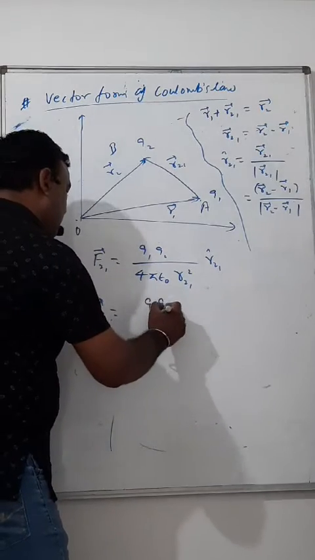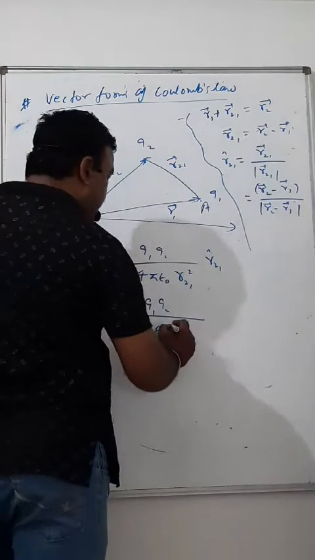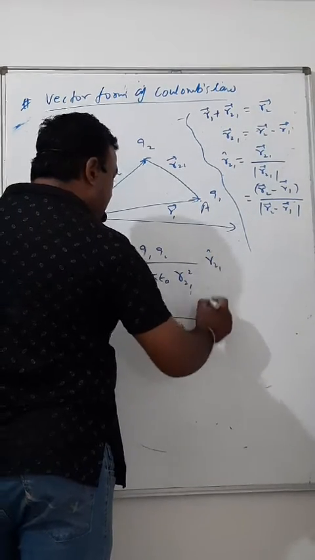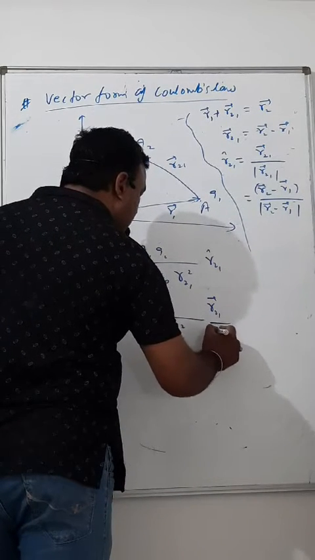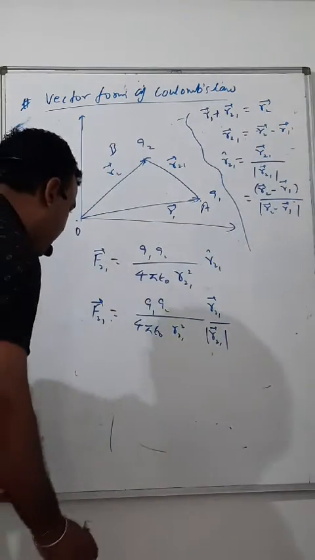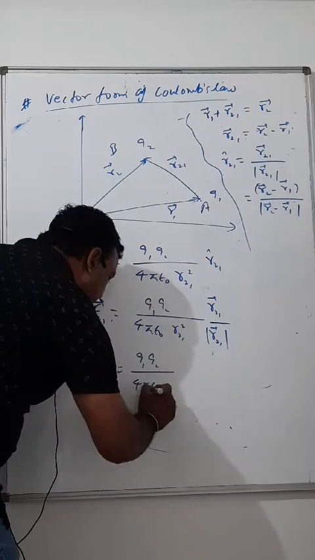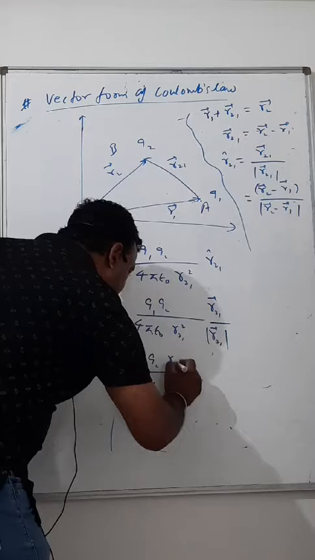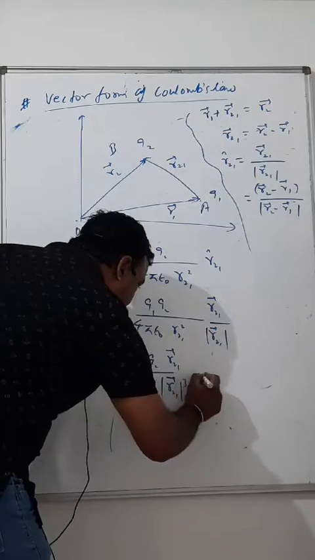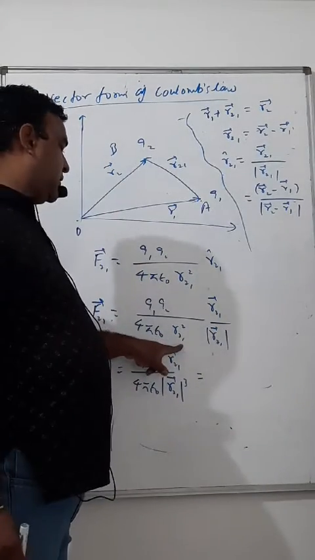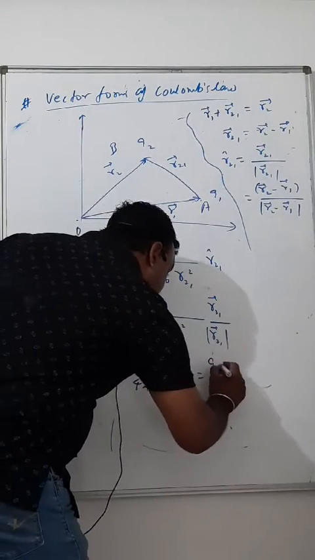F21 is Q1 Q2 upon 4 pi epsilon naught R21 square. R21 cap is R21 upon R21 mod. Then it becomes Q1 Q2 upon 4 pi epsilon naught, R21 upon R21 mod cube. I hope you understand that this R21 is mod of R21. Now I write in detailed way.